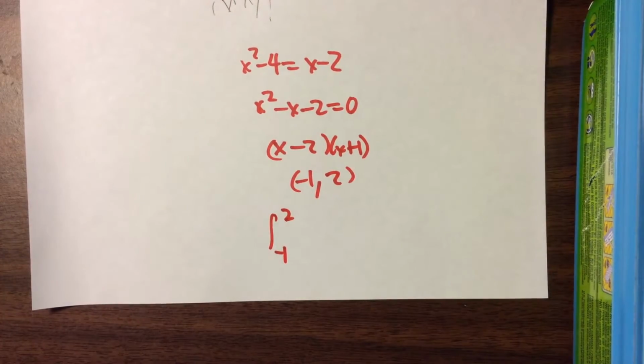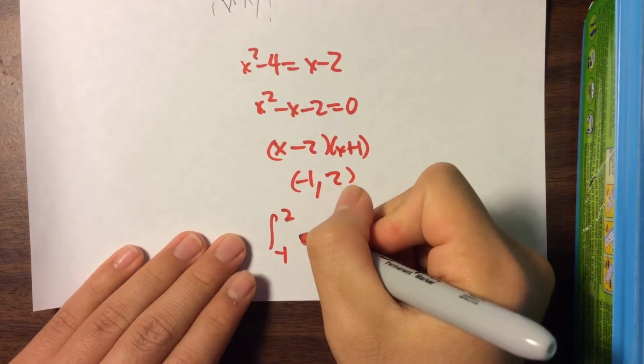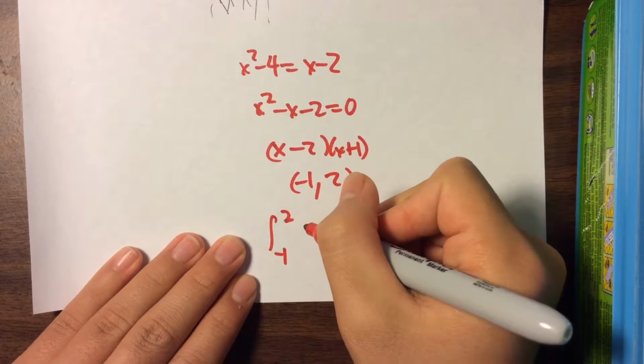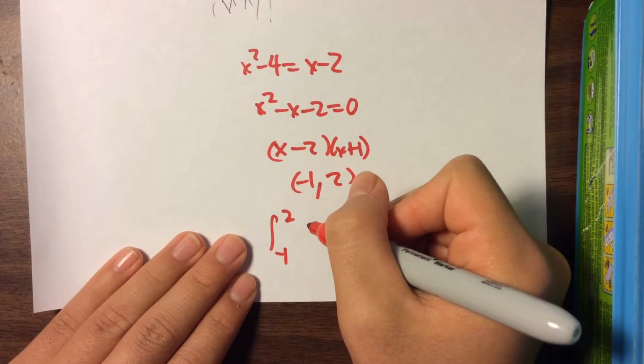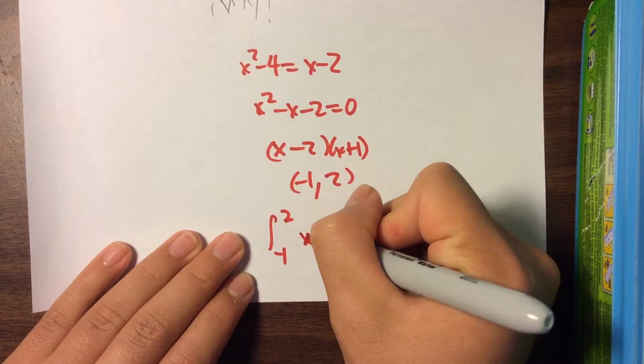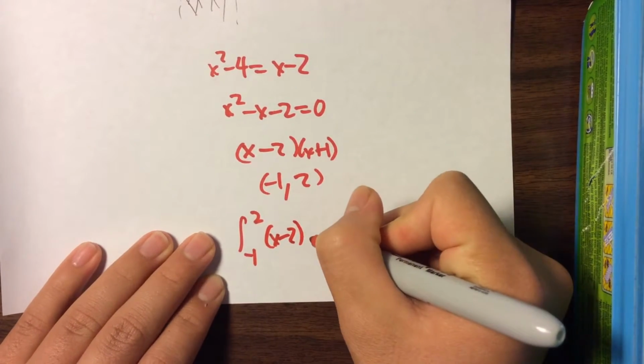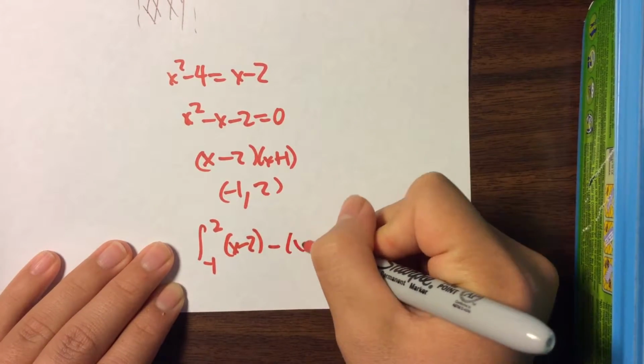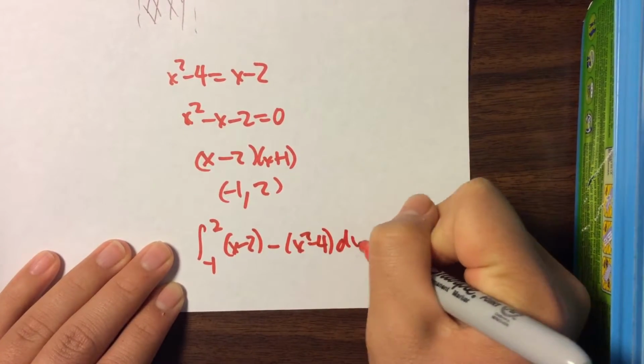And now that we have our intervals, we can just take the higher value minus the lower value. And it is helpful to write out parentheses so that you know which one to put the negative sign for. So we do x minus 2 minus x squared minus 4 dx.